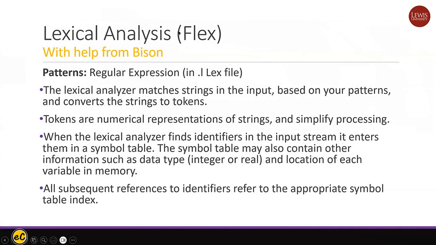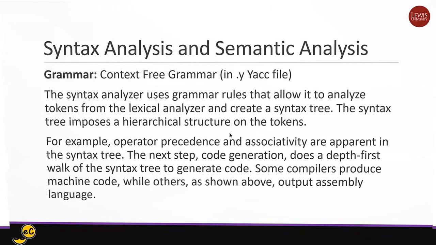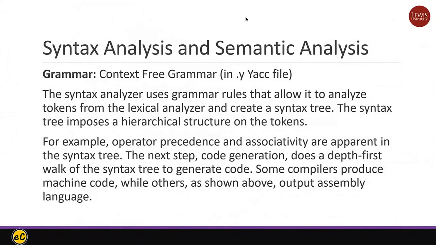So that's the lexical analyzer, and we call it Flex. That's the Windows version. And you write the regular expression in a .l file, the extension .l. That's called a lex file. Okay, and then if you have a .y file, that's the context-free grammar. That's for the syntax analysis. That's the later stage, for Bison. Okay.